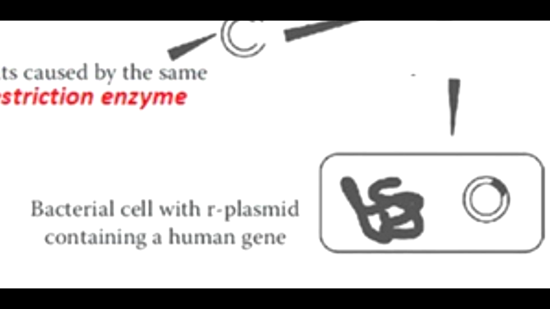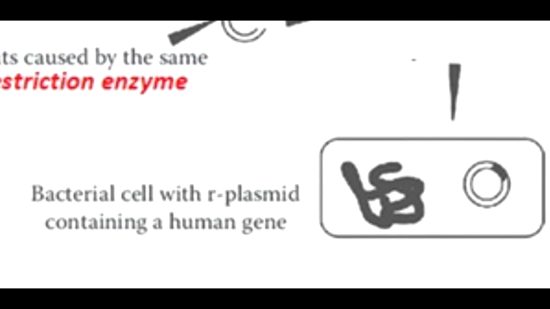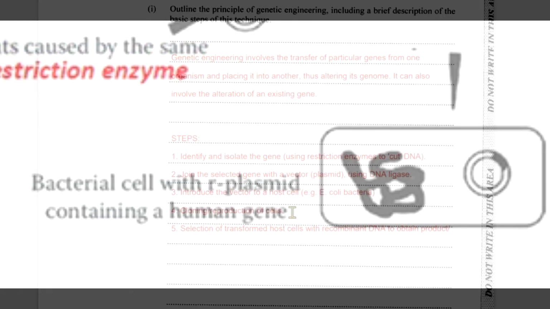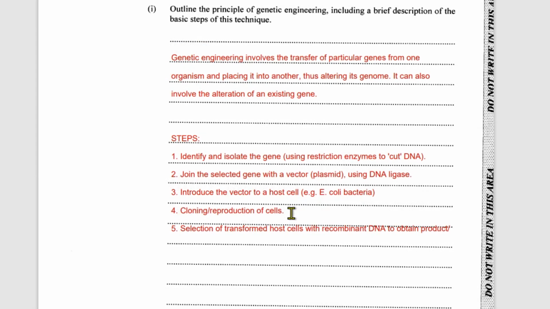Now, the bacteria that do take up the plasmid, you just leave them to undergo binary fission so they can clone and reproduce. So if you only get like 10 of them taking up the vector, over time, if you give it some glucose and oxygen, you might end up with millions of them as they undergo binary fission.